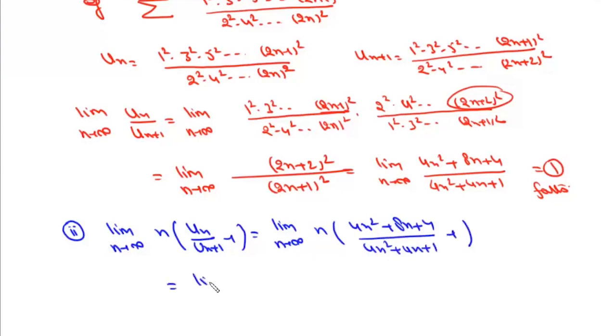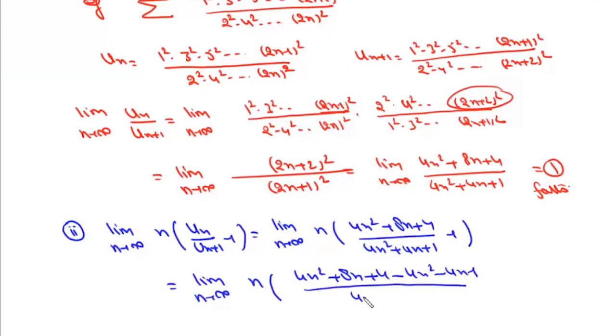That will be this limit as n tends to infinity, n times (4n square plus 8n plus 4 minus 4n square minus 4n minus 1) upon (4n square plus 4n plus 1). Now here 4n square will cancel.